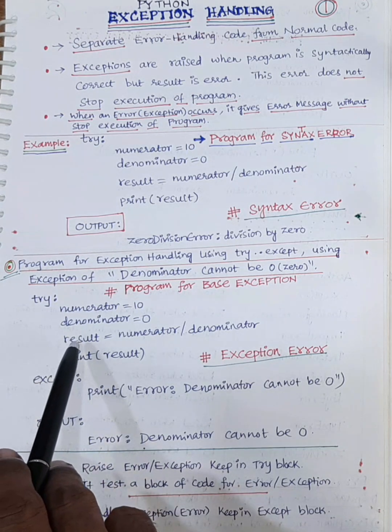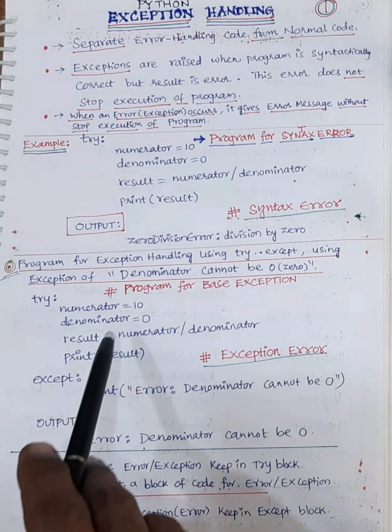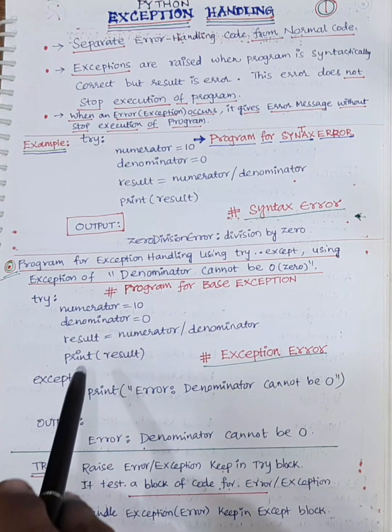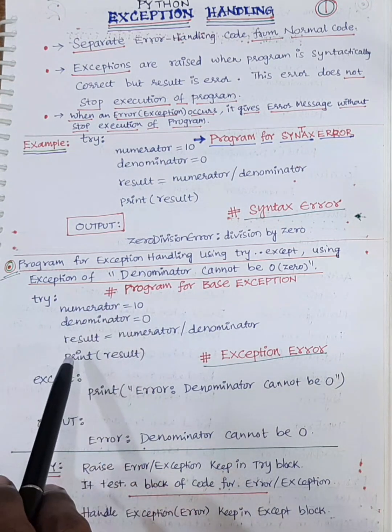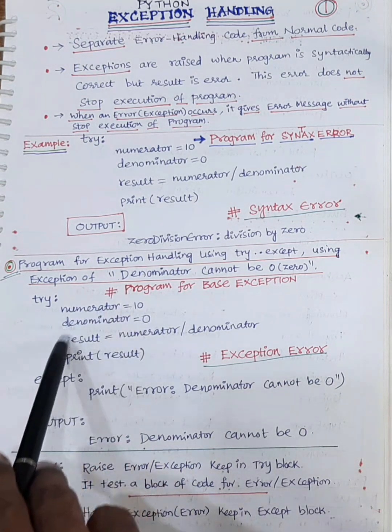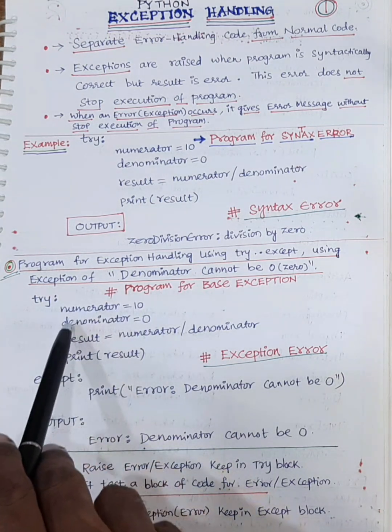Here what we are going to raise the errors or exceptions, we have to keep that in the try block. This try block will test the code for the error.